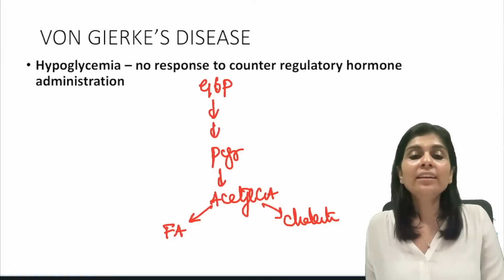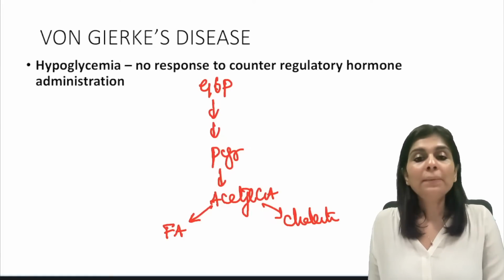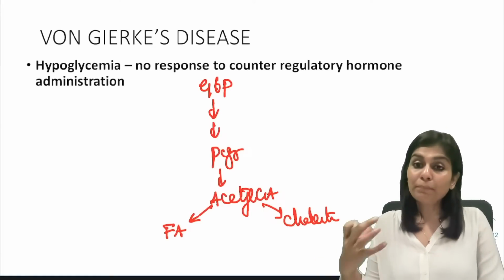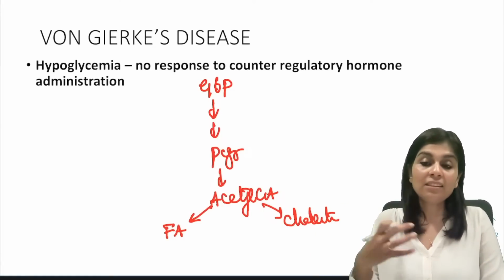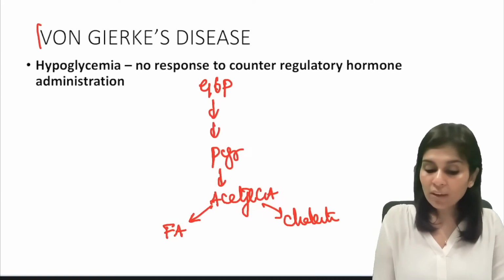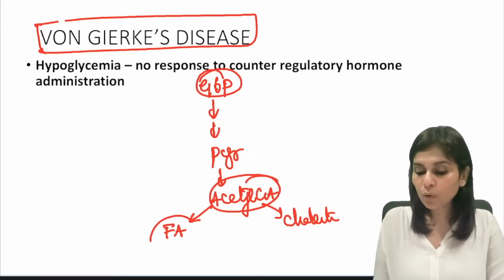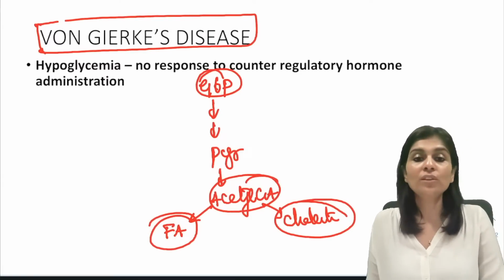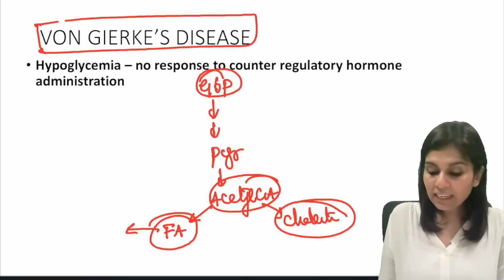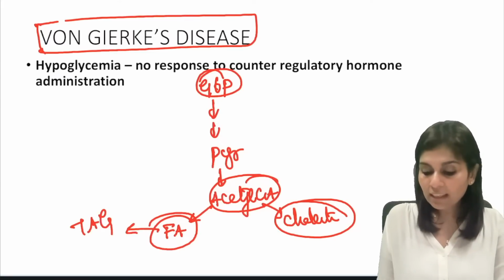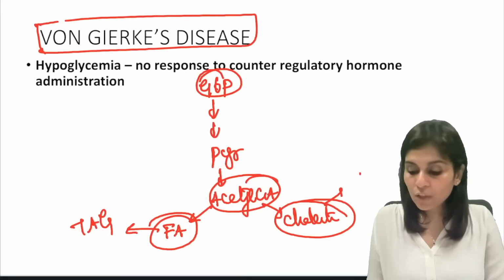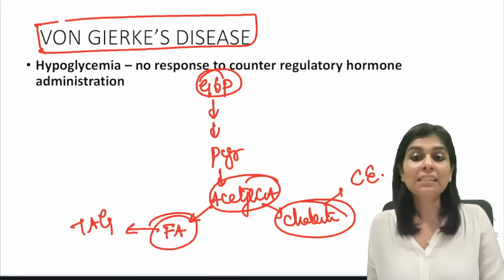If you have not attended my previous sessions, please understand acetyl-CoA is a building block of both fatty acid and cholesterol. Excess fatty acid will be stored as triacylglycerol. Excess cholesterol will be stored as cholesterol ester.